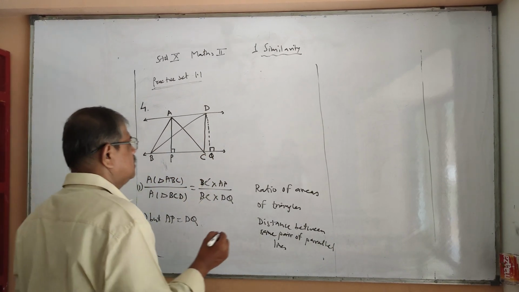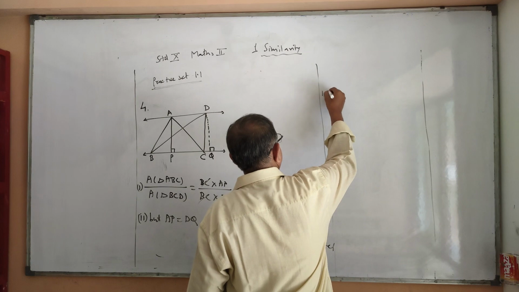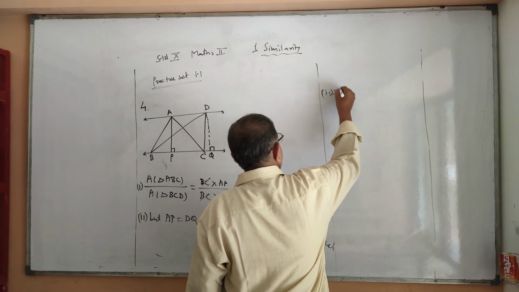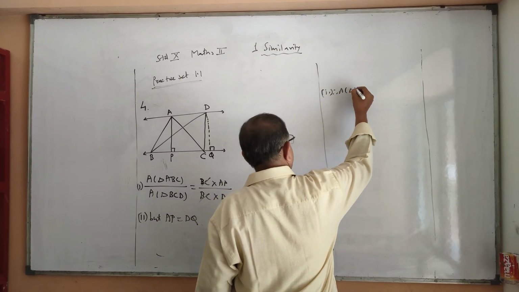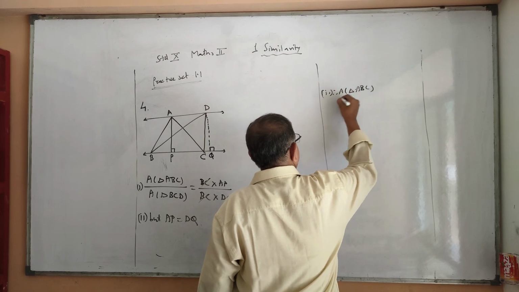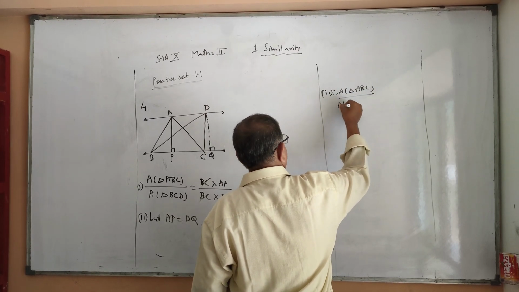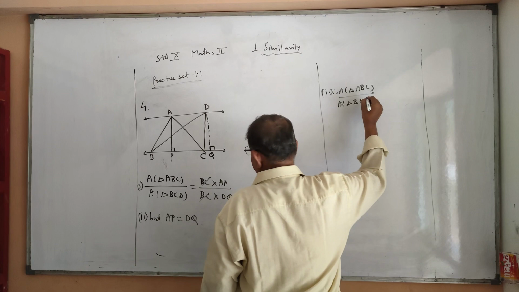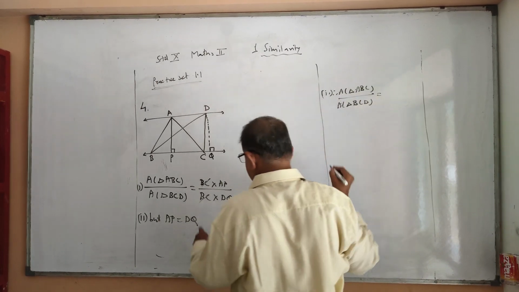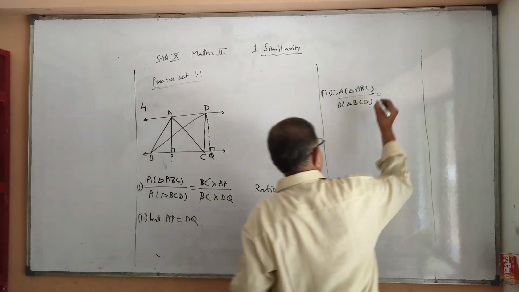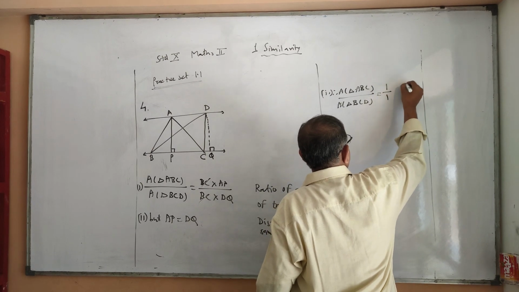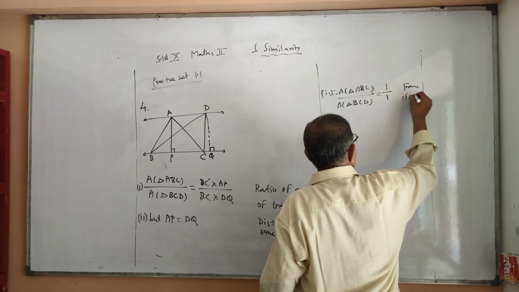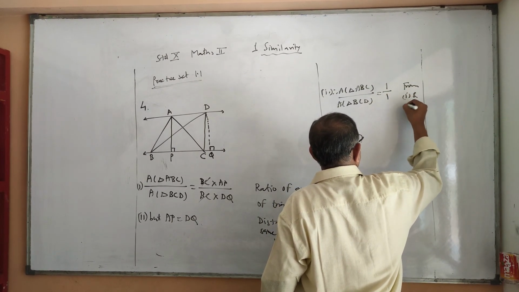And therefore, third point will be: area of triangle ABC upon area of triangle BCD is equal to AP and DQ also get cancelled, so 1 upon 1, from 1 and 2.